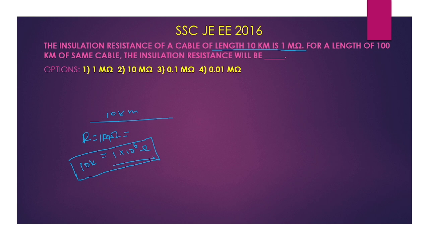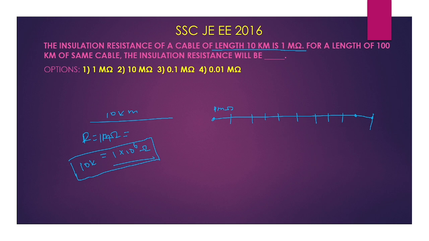The same cable is elongated to 100 km: 10, 20, 30, 40, 50, 60, 70, 80, 90 and 100. So the same cable of 1 megohm is elongated from 10 km to 100 km.